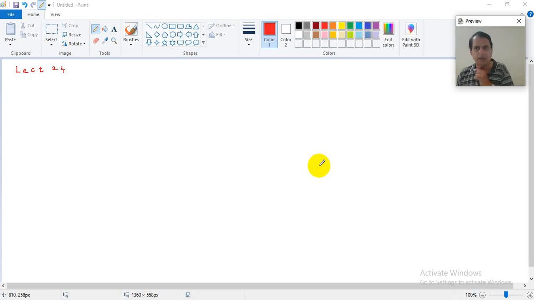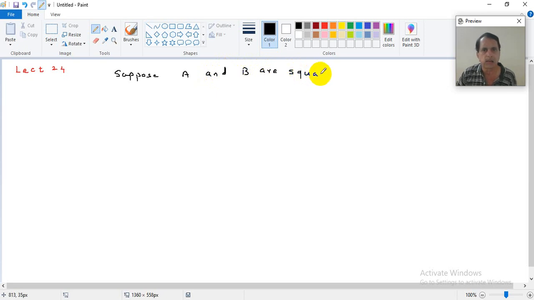Okay, so there is one important issue. Suppose you have 2 matrices A and B, both square matrices of order 2.